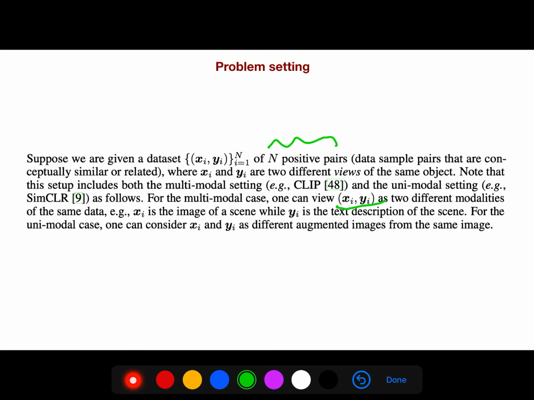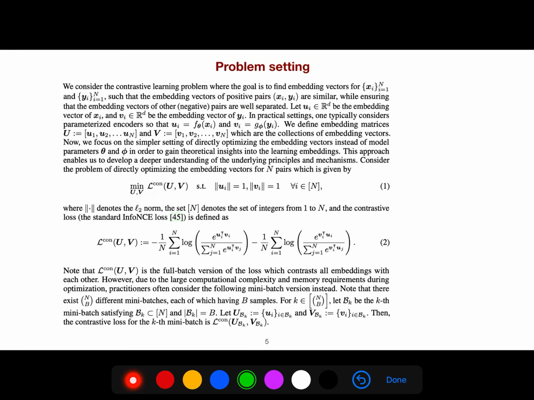For example, one of them is an image, the other one is a text description. So we consider contrastive learning where the goal is to find embedding vectors for x_i and y_i such that the embeddings of positive pairs are similar, while ensuring that the embedding vectors of the negative pairs are well separated.